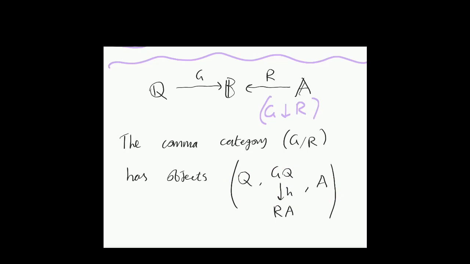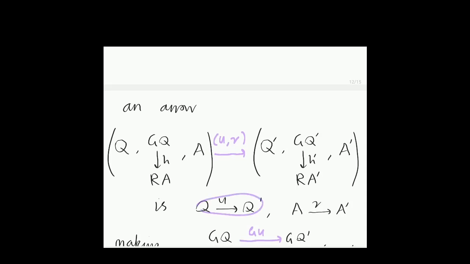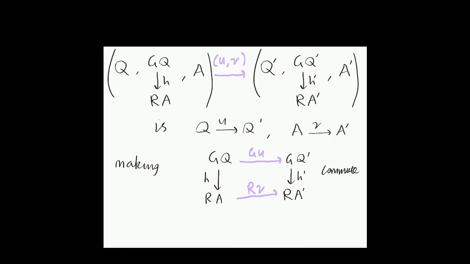Okay, what are the arrows? Well, an arrow from this object here, (Q, H, A), to this object here, (Q', H', A'), consists of a pair of an arrow U from Q to Q', which is an arrow in scripty Q, and an arrow V from A to A', which is an arrow in scripty A. And we require that those two arrows make this diagram commute.